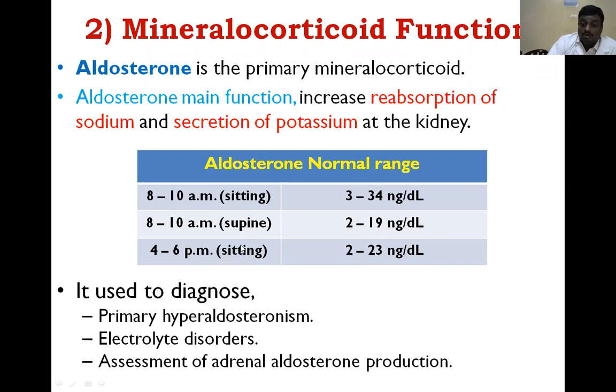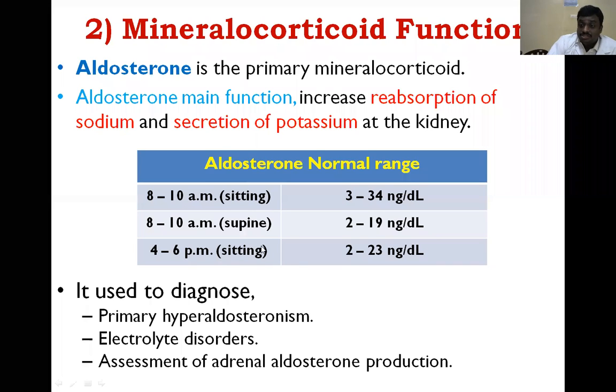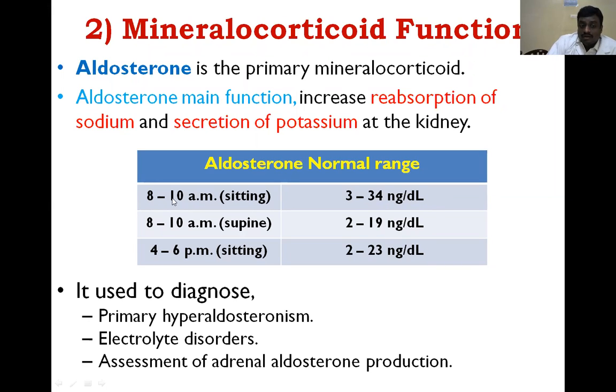We need to note this down, because in these positions there is a variation of the aldosterone ranges. At 8 to 10 a.m. in the sitting position, it is 3 to 34 nanograms per deciliter. In the supine position at the same time, it is 2 to 90 nanograms per deciliter. These two are normal ranges.